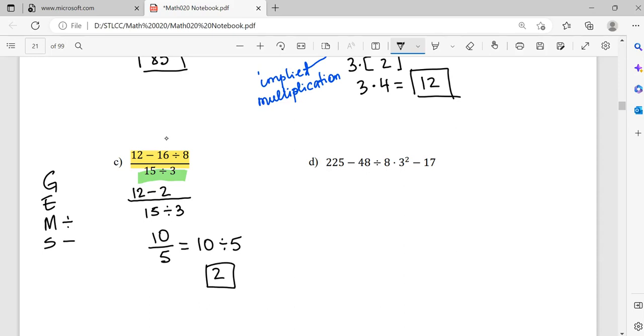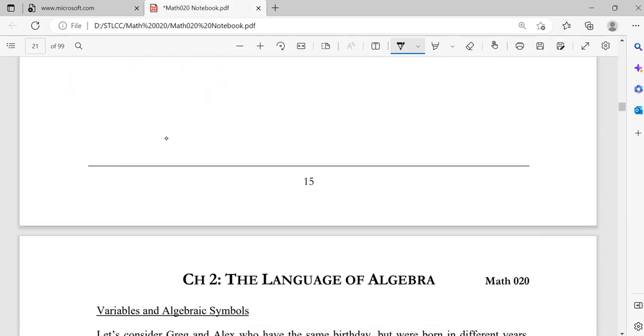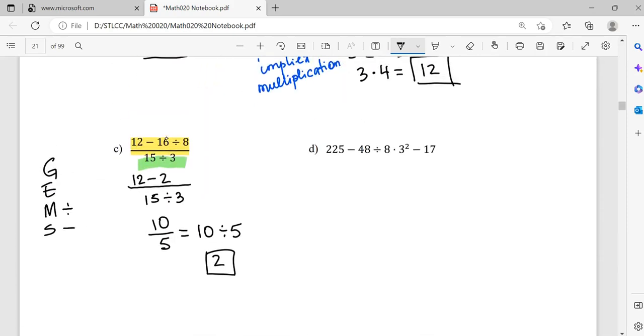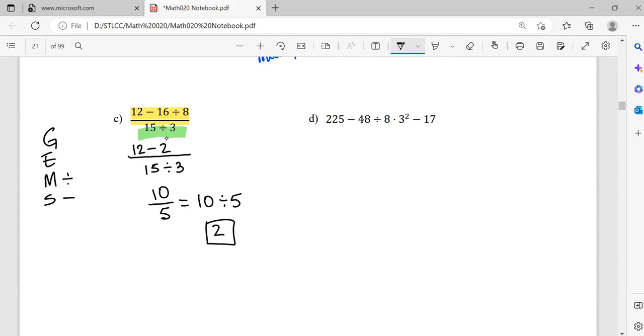All right, and then I think this is our last problem, part D. Yes. So one more problem with order of operations. In part D, we do not have any parentheses, but we do have 1, 2, 3, 4, and 5 operations.